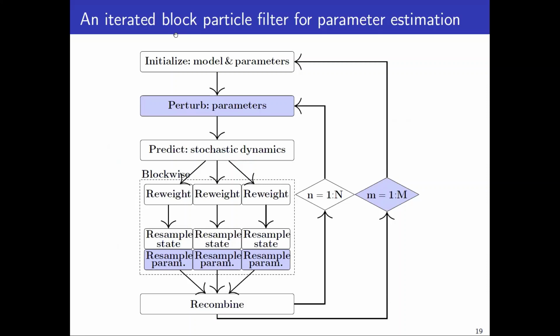I've told you about the block particle filter. I haven't really told you what the iterated block particle filter is. And the basic idea of iteration to maximize the likelihood is that you perturb the parameters, and then when the evolutionary algorithm is finding states compatible with the data, you've thrown the perturbed parameters into the states, and then it can simultaneously select parameters that are consistent with the data.